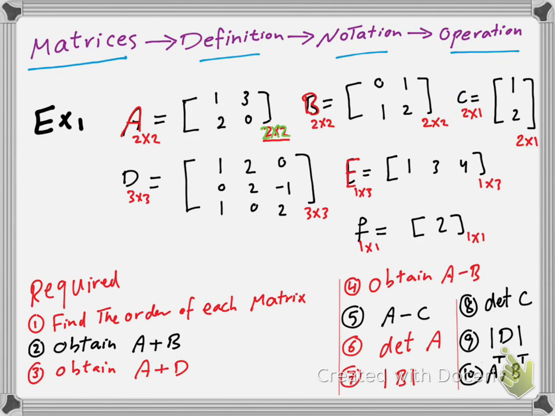Anyway, in this example, I have some requirements and I'll try to compute them with you. The first requirement is to find the order of each matrix, and we have done that. In the second requirement, I will try to obtain the addition of matrix A plus matrix B. How do we add them?